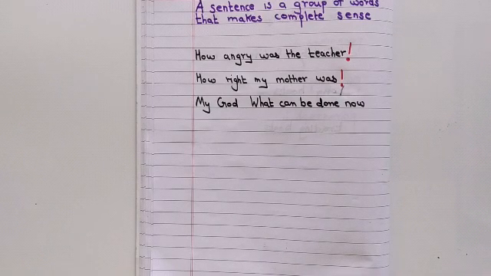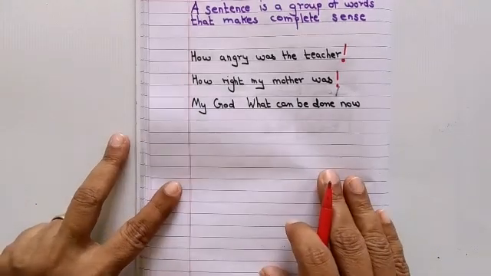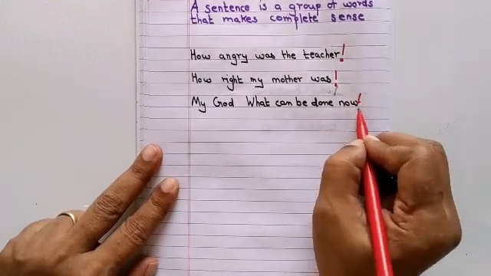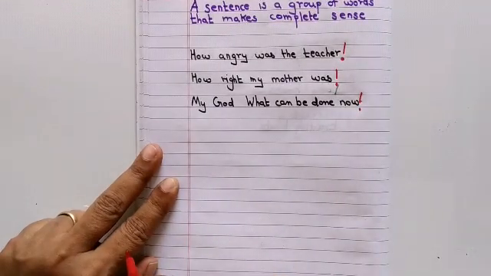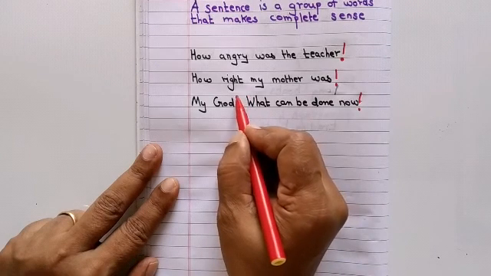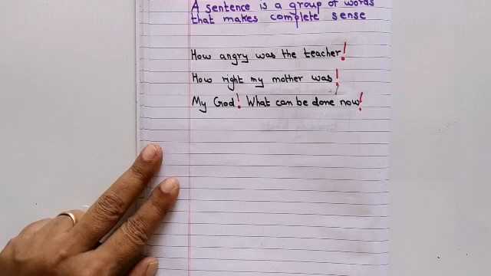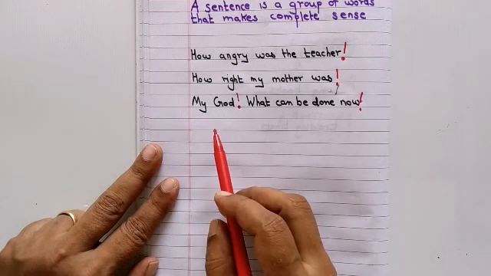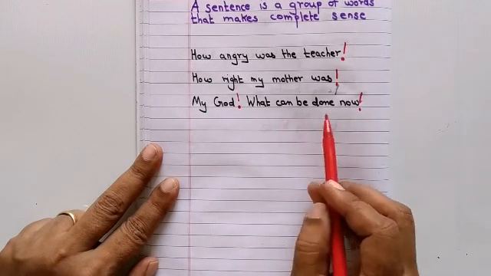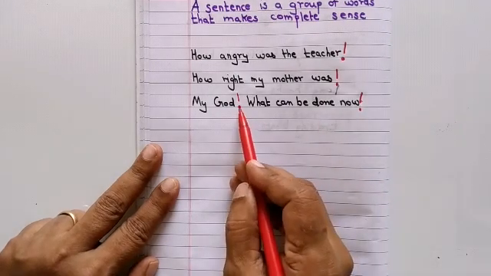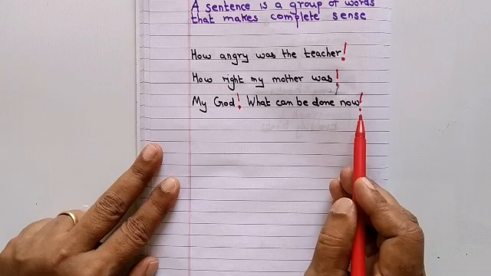My God, what can be done now? Yes, here everyone will tell me exclamation mark. And children, look here carefully. We will put an exclamation mark here too. My God, what can be done now? So an exclamation mark here and here.